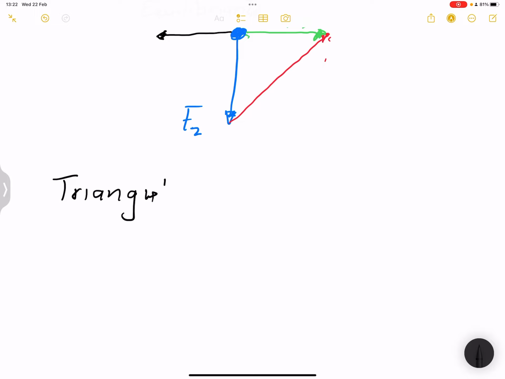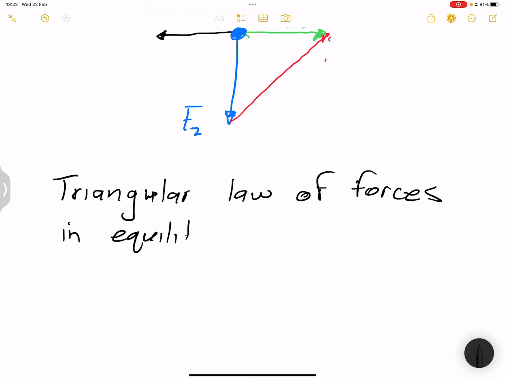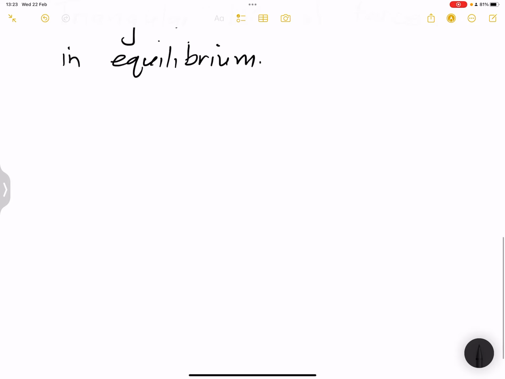It simply says, if we've got three forces that are at equilibrium, those forces can be represented by a triangle, with each side taken in order of its magnitude and direction. So in this case, they can be represented by a triangle, with each side represented by the different sides of that triangle.